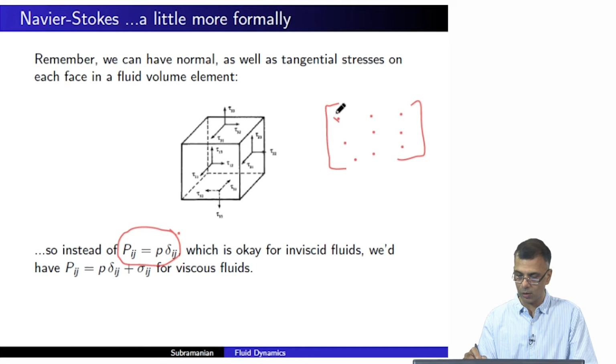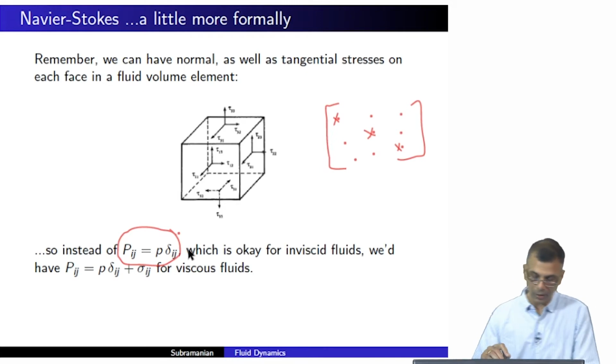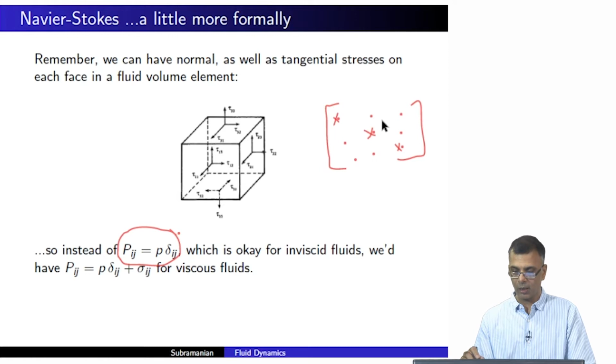So you only had this, this, and this. The rest of them were all 0, right? Which is what this is saying. Unless i is equal to j, you have zeros. When i is equal to j, then you have p, p, p. This is okay for inviscid fluids.